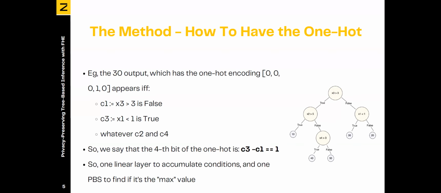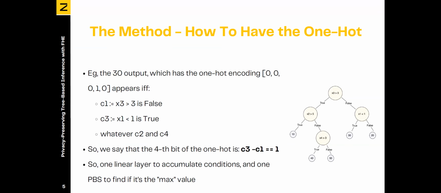So what you are going to compute to have the bit of the one-hot vector corresponding to that branch is C3 minus C1. C3 minus C1 can have different values. The maximal value is 1 when C3 is 1 and C1 is 0. Except that, it's going to be smaller. So you compute C3 minus C1, which is a linear operation, so it's very FHE friendly.